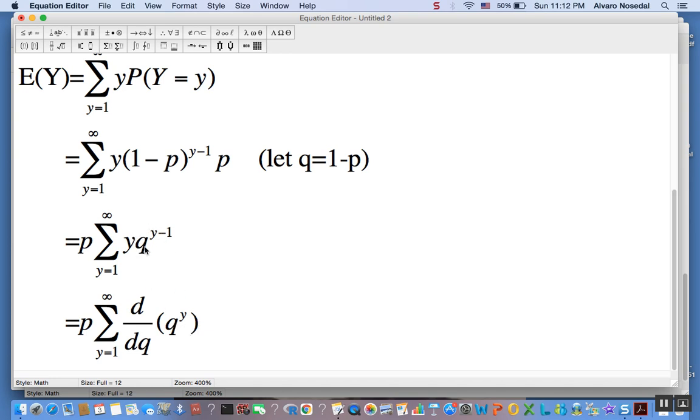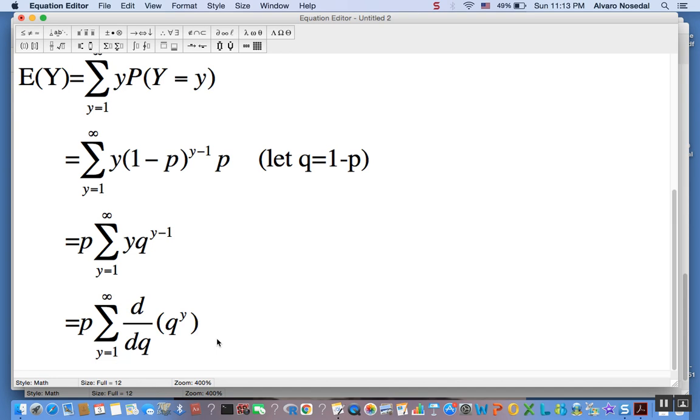So these two expressions, y times q to the y minus 1 and the derivative with respect to q of q to the y, are the same, because when you take the derivative of q to the y, you have y q to the y minus 1 power. Agreed? Okay.